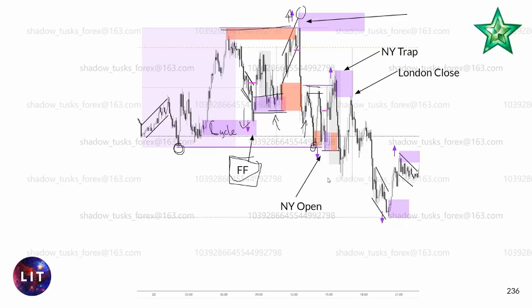And then you notice, okay, I've had an inducement low within New York Open, so now I'm expecting price to give a pullback, right? Price to pullback. But the question is to where? And what we see is we have our liquidity build up. You see how they fake the reaction right before New York trap.